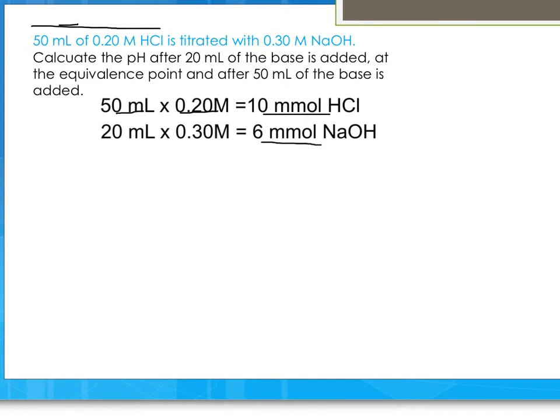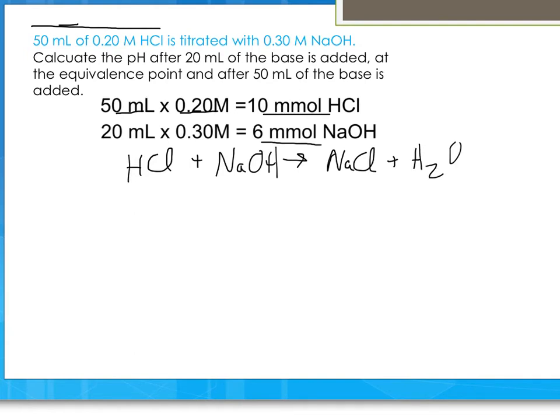millimoles of sodium hydroxide. Now remember that this is HCl plus NaOH, and it produces salt, NaCl plus water. If we start out with 10 millimoles of that, and we add 6 millimoles of that, we're going to consume 6 millimoles of the HCl, consume 6 millimoles of the NaOH.